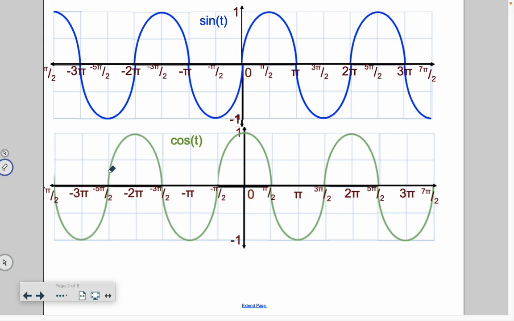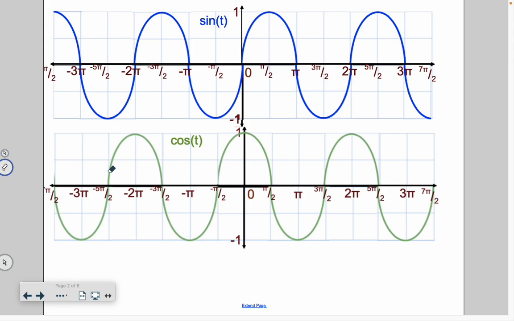You start at the origin, 1/4 of the way gets you to a maximum, next fourth gets you to the midline, next fourth gets you to the minimum, and then right back to the beginning again, okay? So when we're graphing these, we're always going to take the period and divide it by 4, okay? Because of that property or that idea.